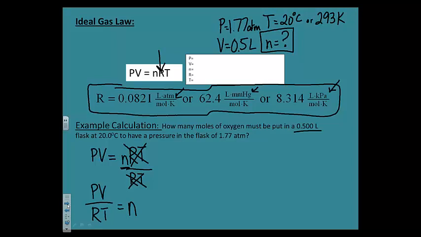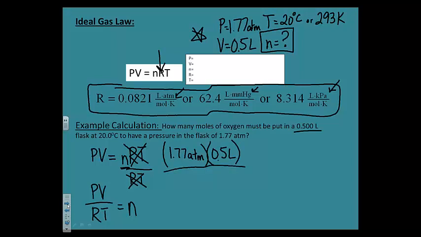Awesome. Now all I have to do is plug those values in because I've got them right up here. So pressure, 1.7 atmospheres. That's important because remember we need the unit for pressure in order to know what value for R we use. My volume is always going to be in liters, so 0.5 liters.